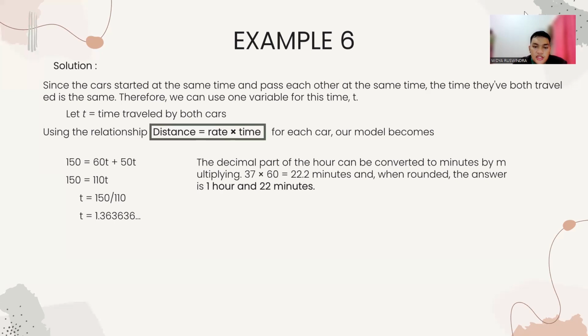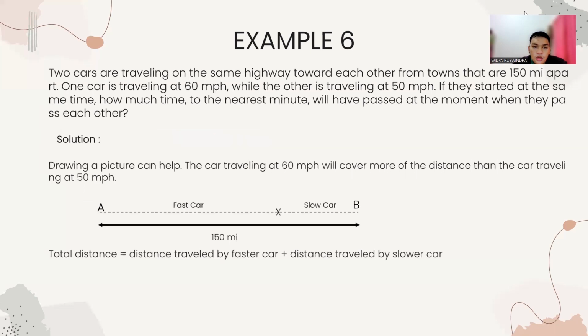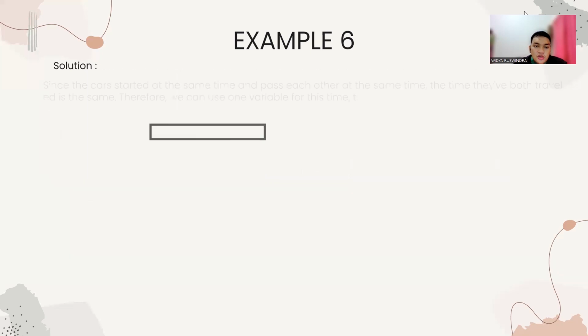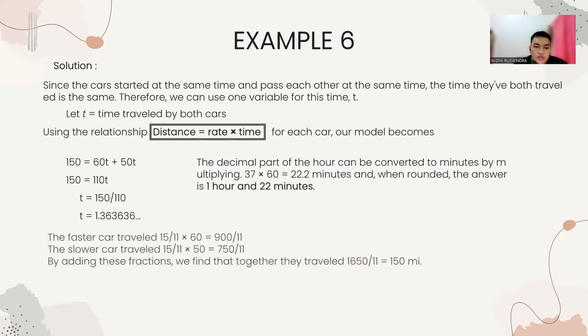And we round, the answer is 1 hour and 22 minutes. So if they start at the same time, how much time, to the nearest minute, will have passed at the moment when they pass each other? The conclusion is 1 hour and 22 minutes.